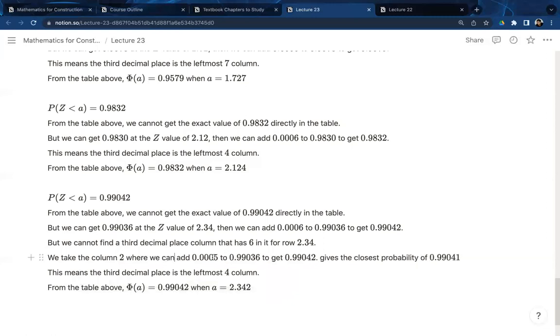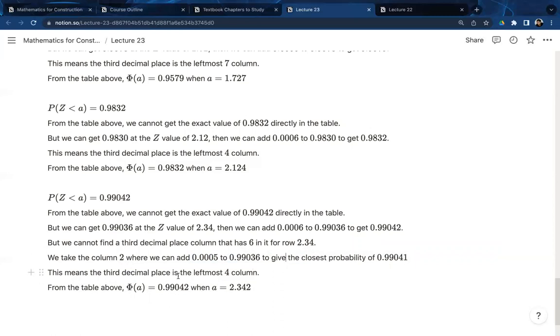So take column 2 where we could add 5 to 936 to give a closest probability of 41.